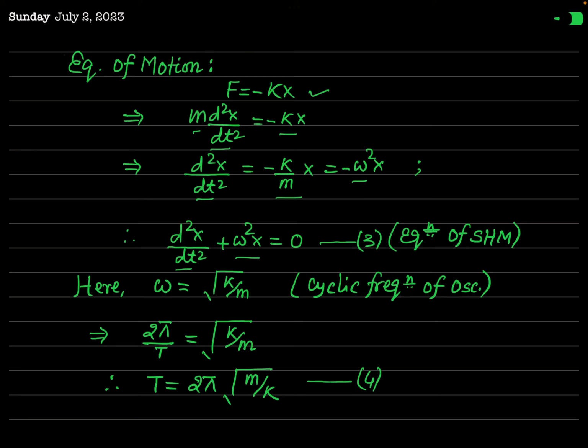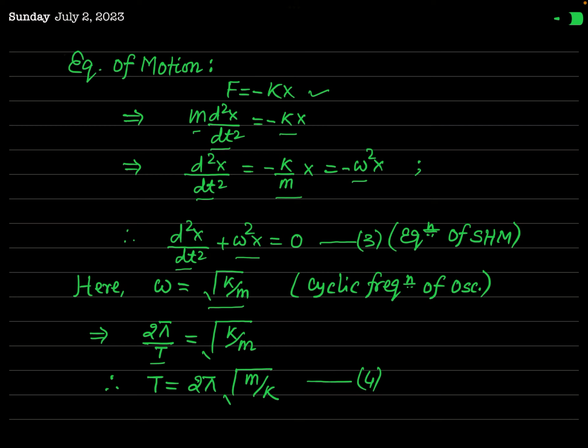So it is obvious that under the condition of a small displacement, or under the limiting condition of a small oscillation, the motion of this spring mass system is simple harmonic motion. And you know this omega, which is the square root of k by m, is the cyclic frequency of the oscillation, and omega is equal to 2 pi over T, where T is the time period.